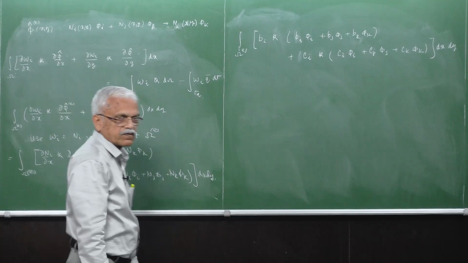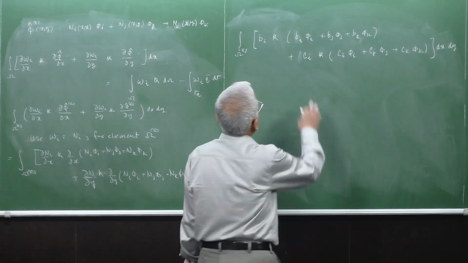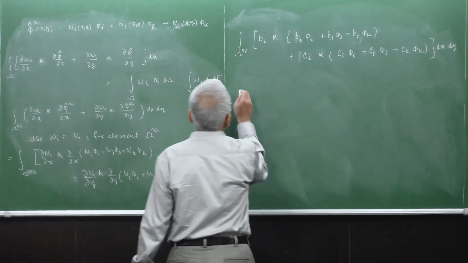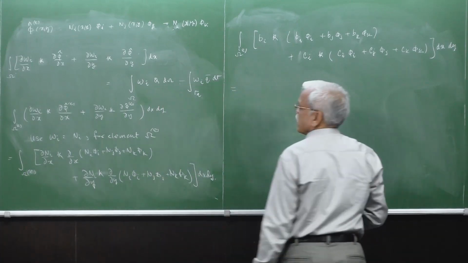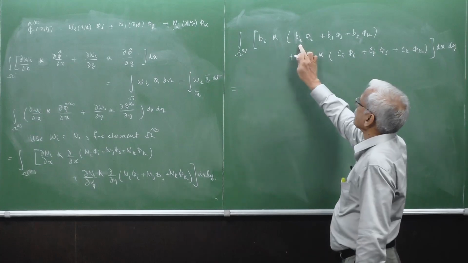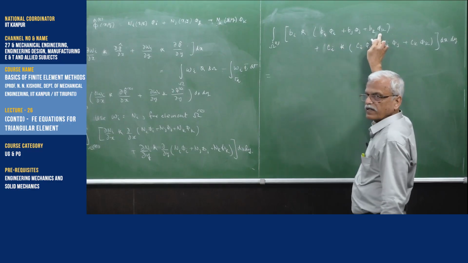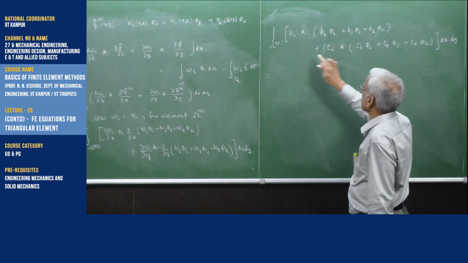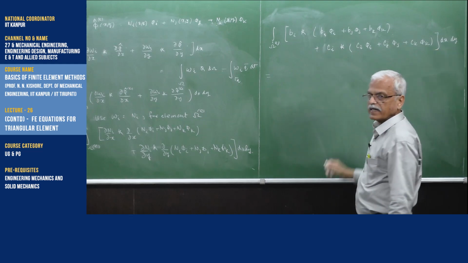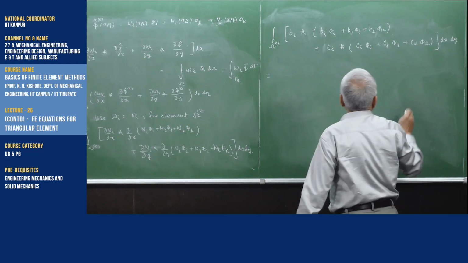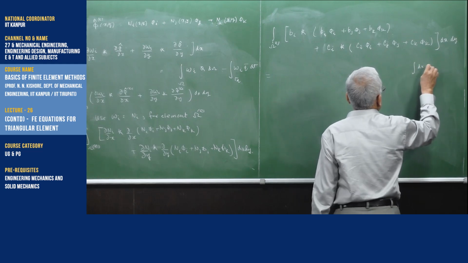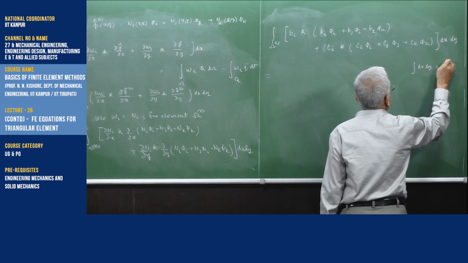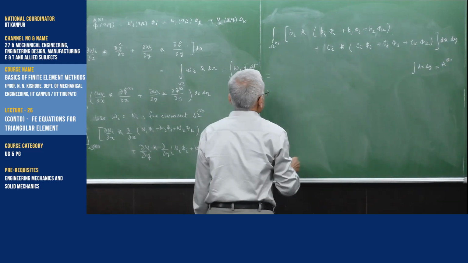The derivatives are very simple. They become constant here. And if you look at this integral here, all these terms are constants as far as the element is concerned, and the area here, dx dy, will become the area of the element, that's all, and the rest of it is all constants.